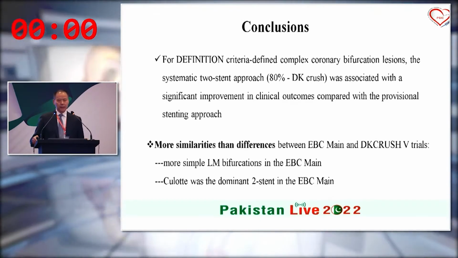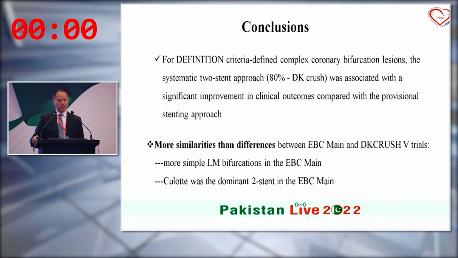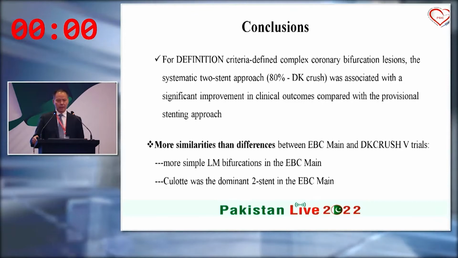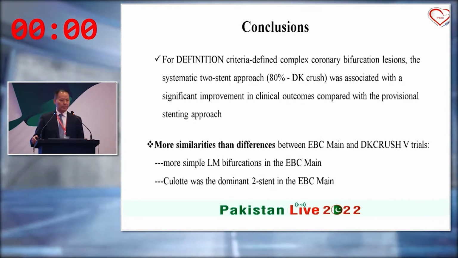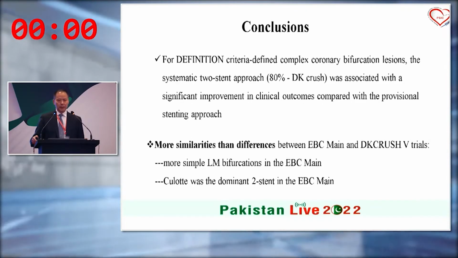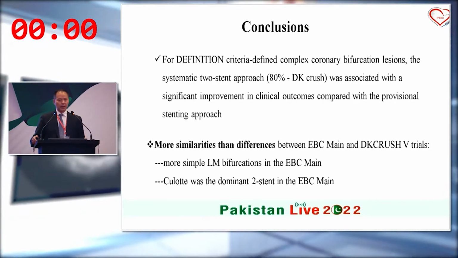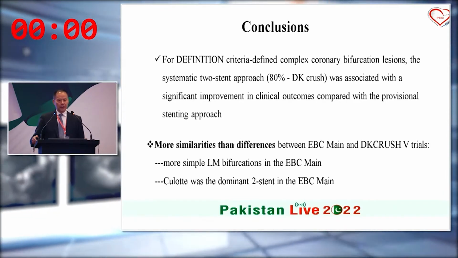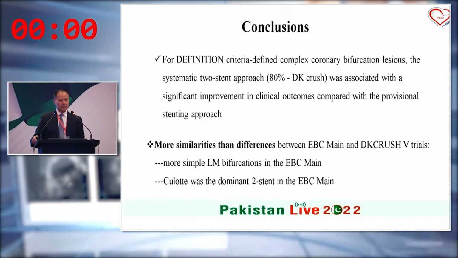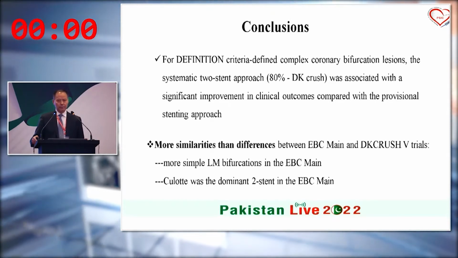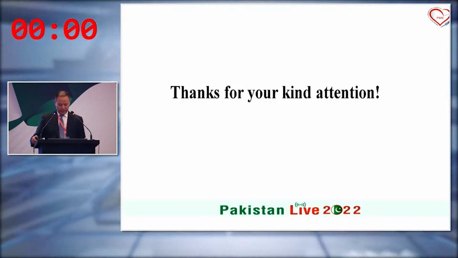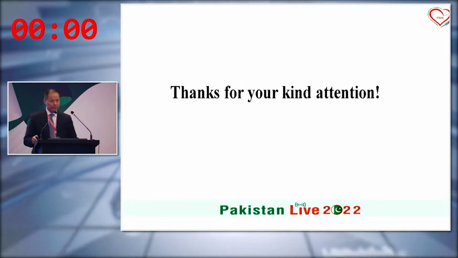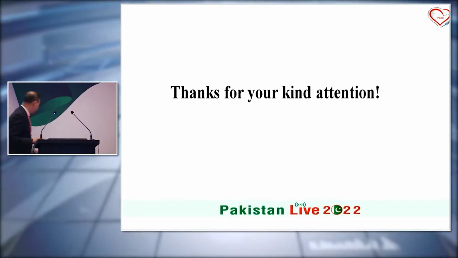Finally, I also like to say most distal left main lesions in Asian countries are pretty complex compared to the left main lesions included in studies based on European trials. I think we still need more clinical trials to provide very solid evidence for our international community. Thanks for your attention. Thank you very much.